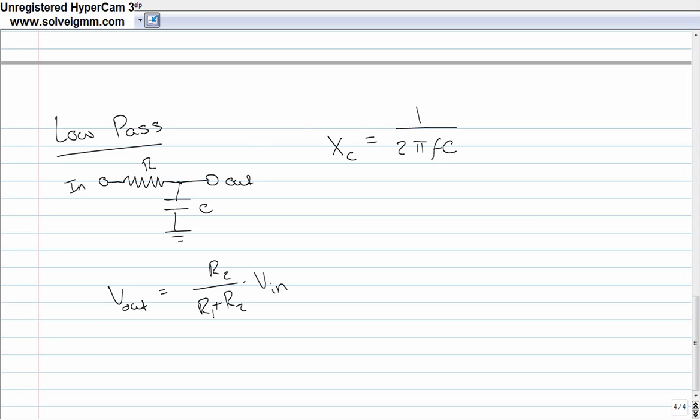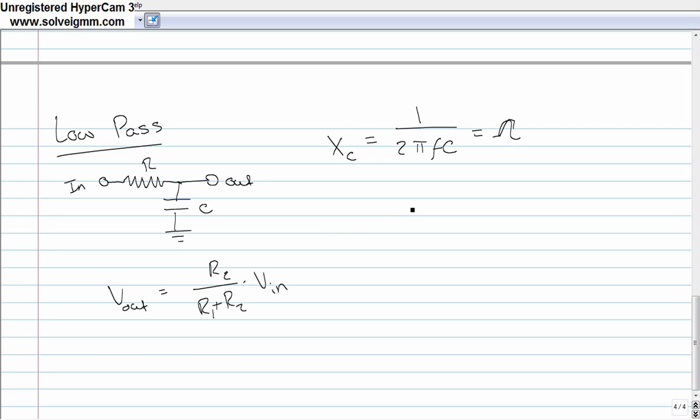What this does is give you a measurement in ohms that tells you the resistance a capacitor is going to have in reference to how much frequency you're putting into it.